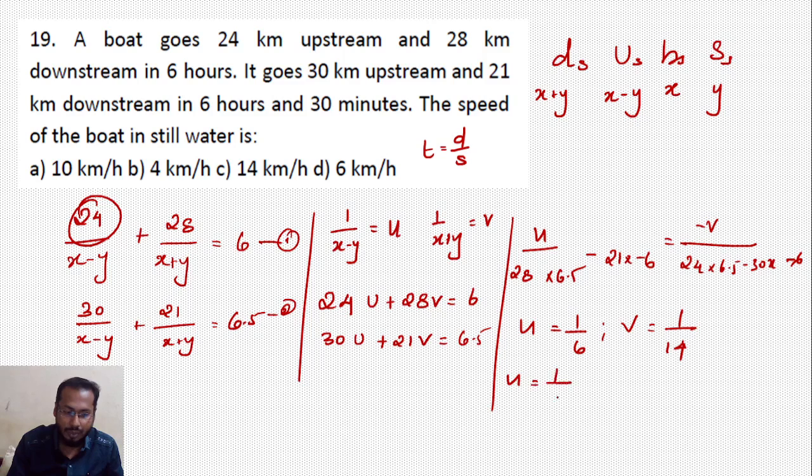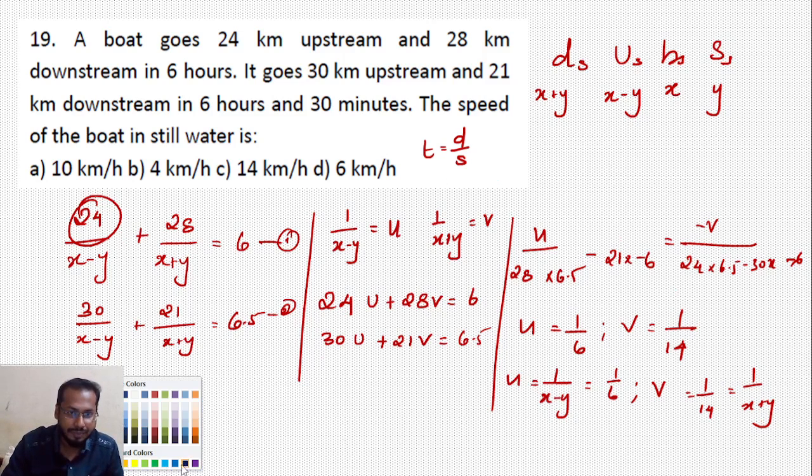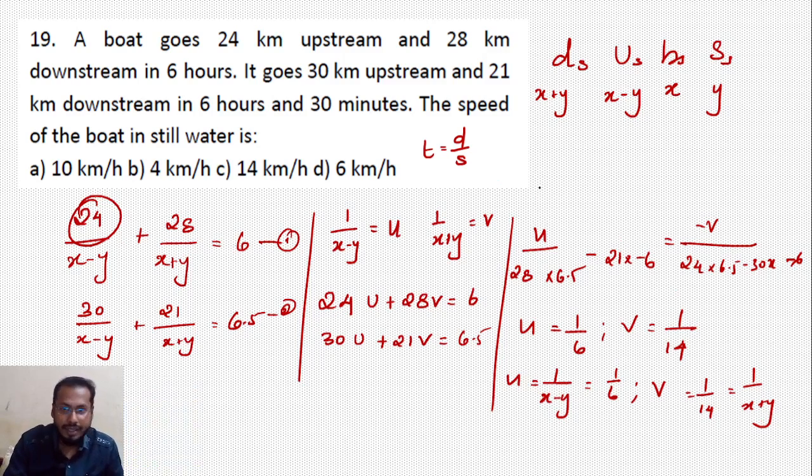u is equal to 1 over x minus y, that is equal to 1 by 6. And v is equal to 1 by 14, that is equal to 1 by x plus y. So I got the two equations: x minus y is equal to 6, x plus y is equal to 14.